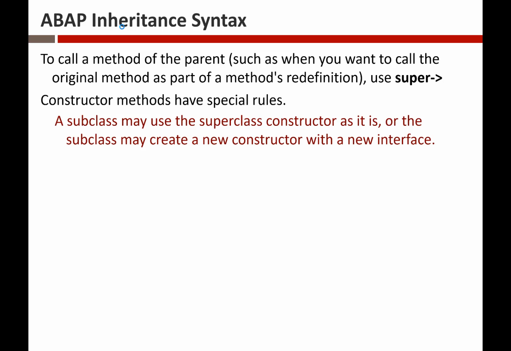The subclass may create a new constructor, and here's the part of this that is different than all the other methods. I can create a new interface. So I can change the parameter passing associated with the child class's constructor. The subclass constructor does not use the keyword redefinition.